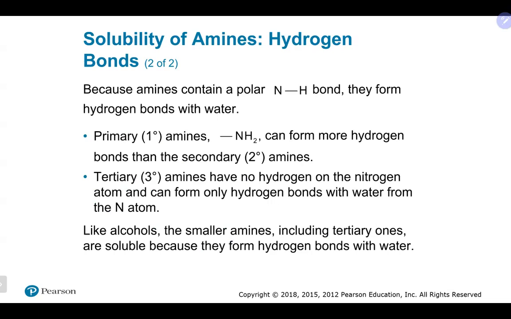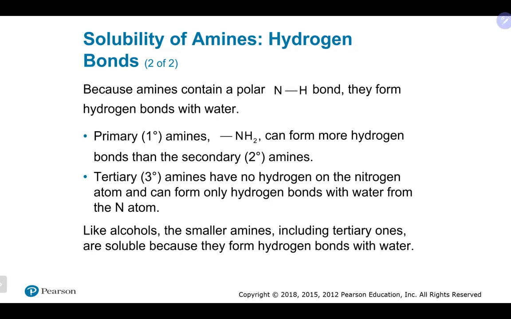So that does affect the solubility of it. Primary amines can form more hydrogen bonds than secondary amines, and tertiary amines have no hydrogen on the nitrogen and can only hydrogen bond with water from the nitrogen, which really decreases the solubility of it. If everybody has the ability to hydrogen bond with the hydrogen to the oxygen in the water, it creates a lot more availability of it to be soluble.